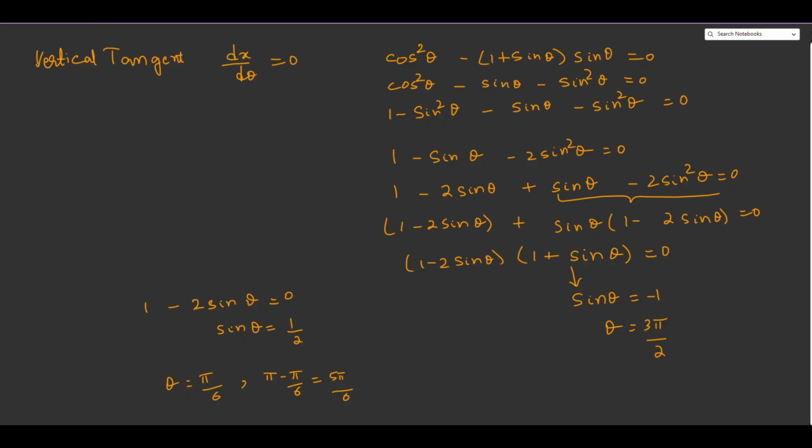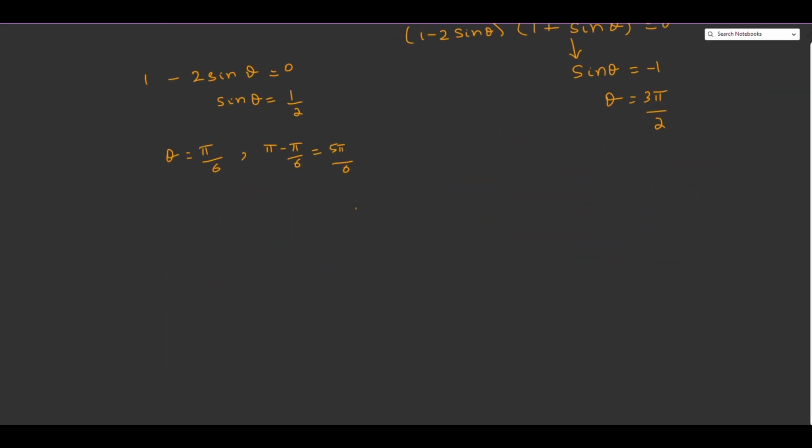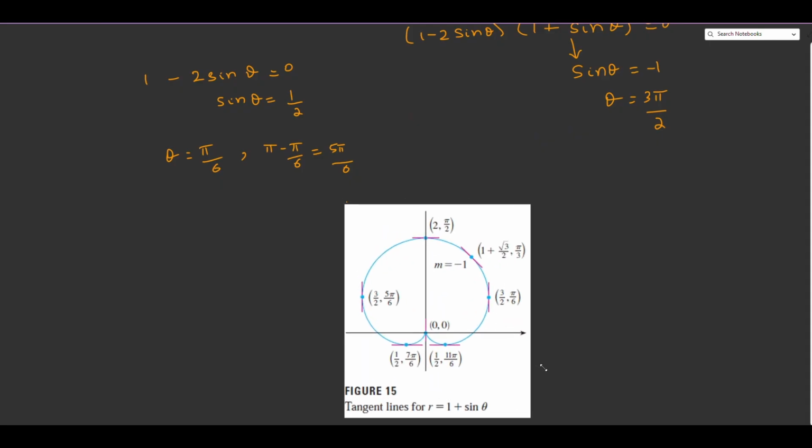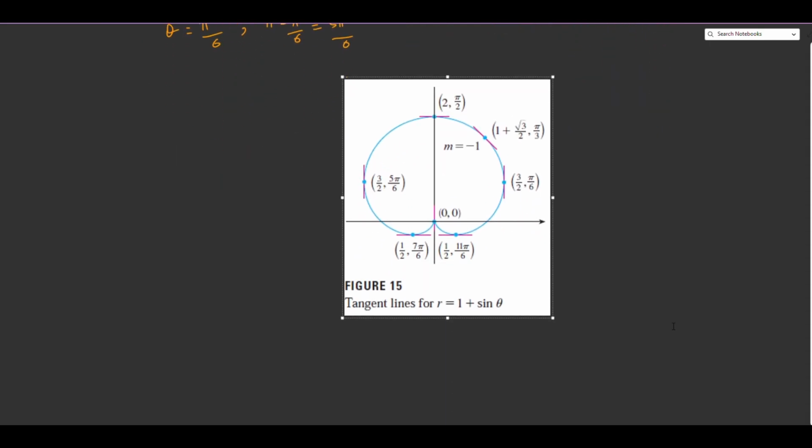And you can look at the graph of this function. The graph of this function looks like this. So there are 4 points, 1, 2, 3, 4. There are 3 points where we have the horizontal tangents, 2 points where we have the vertical tangents, and this is the slant tangent.